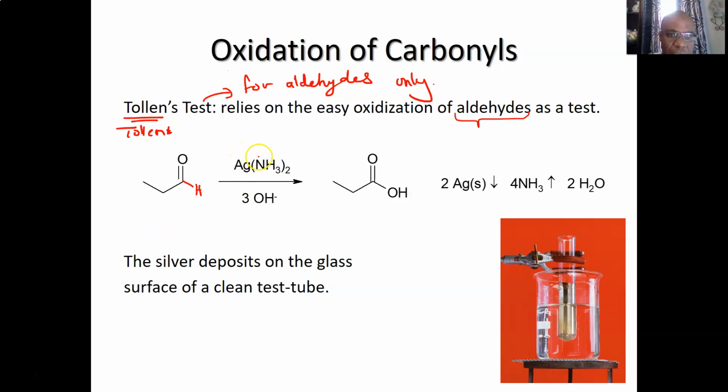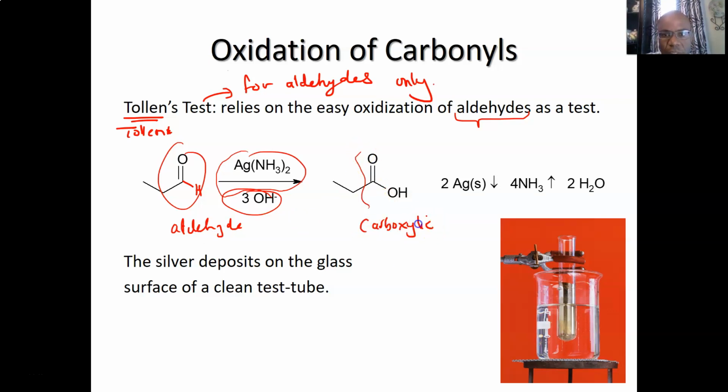You just take silver diammonium in the presence of a base. It's going to make a silver complex, which reacts with the aldehyde carbonyl by oxidizing it. That's an aldehyde, right? So this reagent oxidizes the aldehyde to the carboxyl group or carboxylic acid.